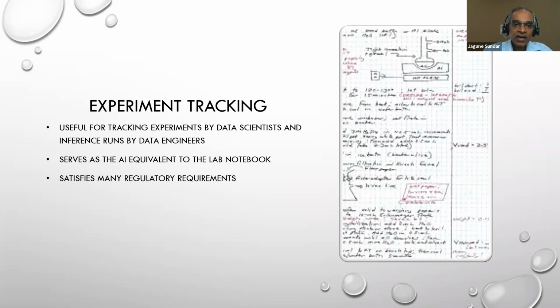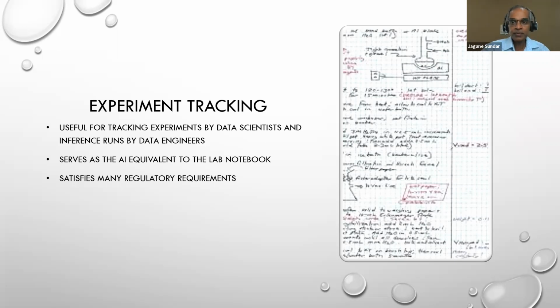Let's take a look at experiment tracking. It is useful for tracking experiments both by data scientists and the inference runs that data engineers use. For the data scientist, it really serves as the equivalent to the lab notebook. One of the things that you have to understand is that when an industry moves from a traditional wet lab type chemistry experiment for drug discovery to say AI-based drug discovery, a lot of the regulatory requirements actually still apply.